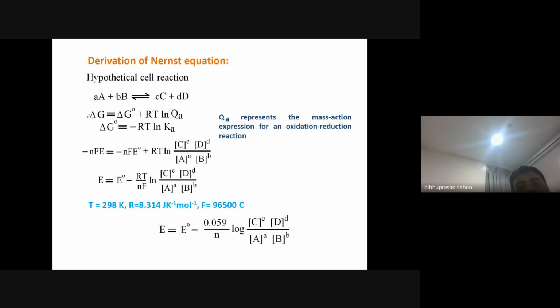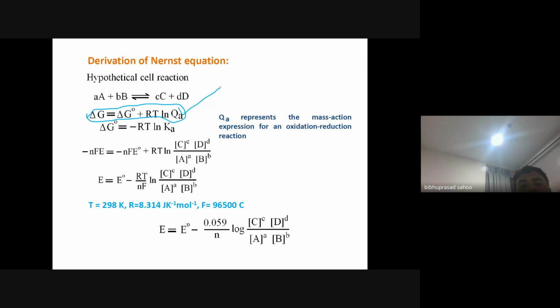This equation we borrowed from thermodynamics. I think thermodynamics is one of your papers in your PGDSE program. So this is from the Van't Hoff isotherm, and this Q represents the reaction quotient.